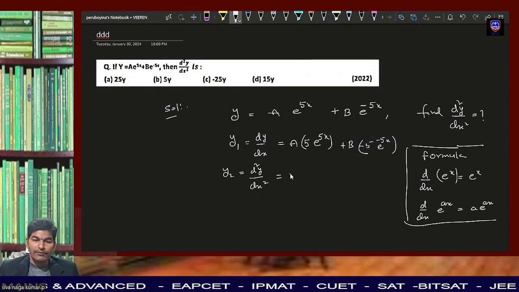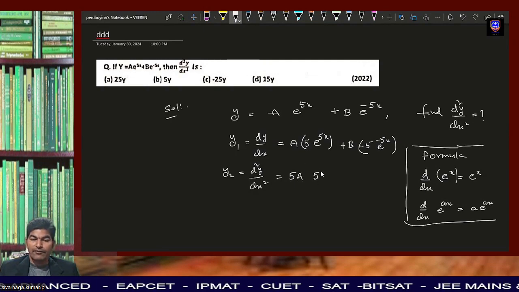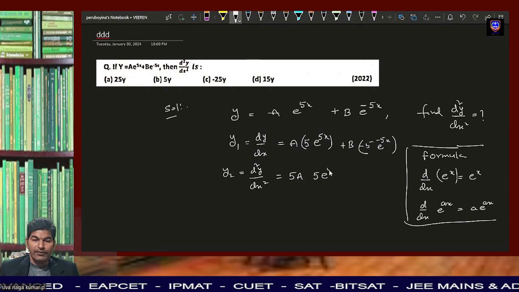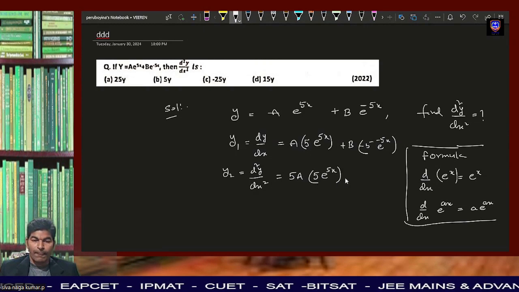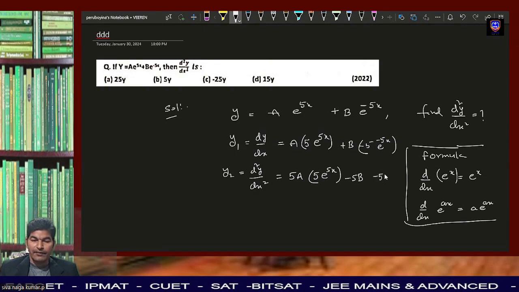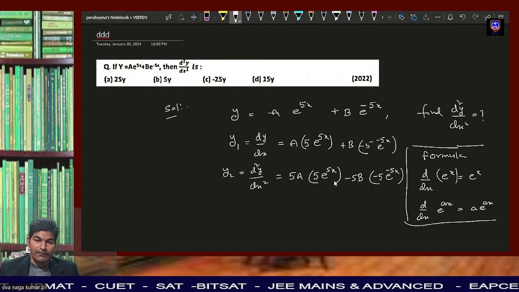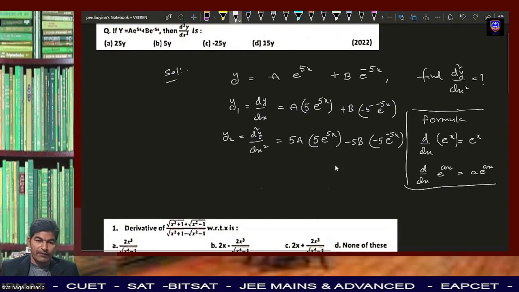So again we will use the same result. 5a is a multiple. The derivative of e power 5x is 5 into e power 5x, minus 5b into again the derivative of e power minus 5x, which is minus 5 into e power minus 5x.